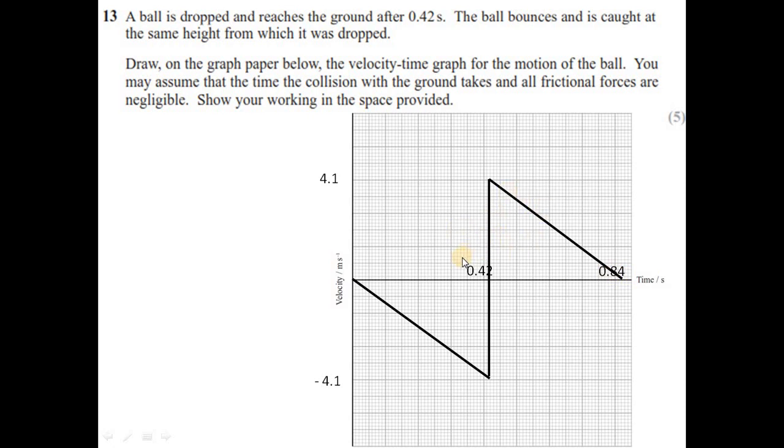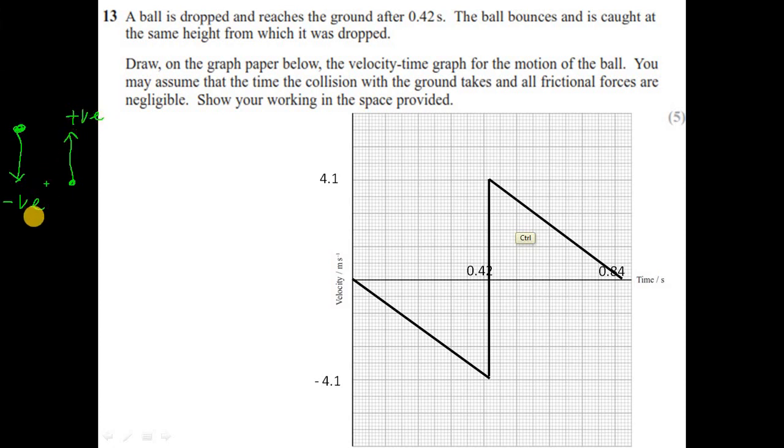So this is how you draw your graph. There is one important thing in this question. In my graph I assumed that when the ball is moving down, I took this direction as negative, and the upward direction I took as positive.